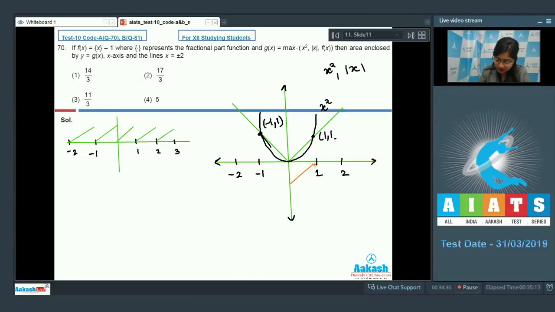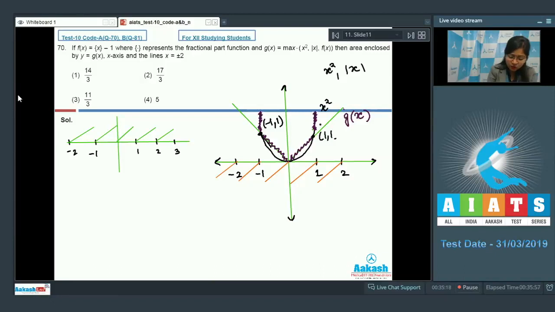So its graph would be something like this. Right? Now from these three graphs we have to find the maximum of these. Now we have to find g(x), so that will be equal to maximum of these three. So this is the graph of g(x).